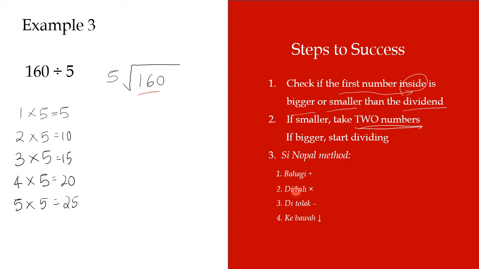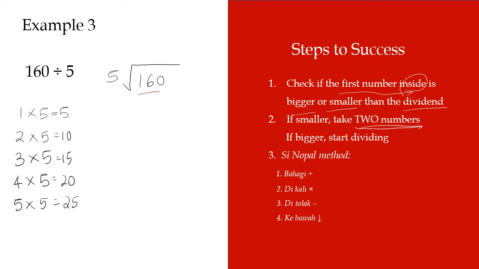First one is bahagi. So what do we bahagi? What do we divide? We are dividing 16 divided by 5. So that's bahagi, bahagi, bahagi nombor ani. So what is 16 divided by 5? Can you see any 16 here in timetables 5?